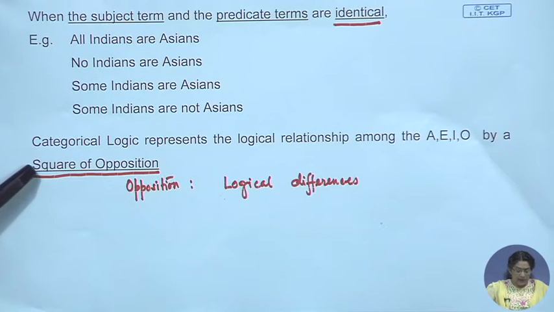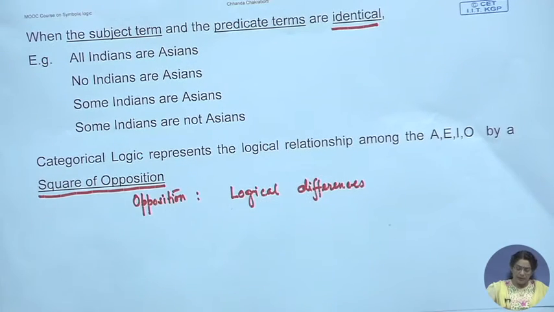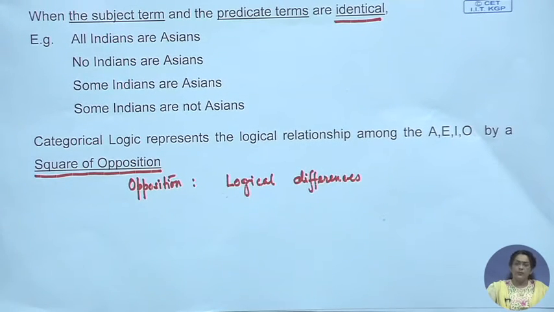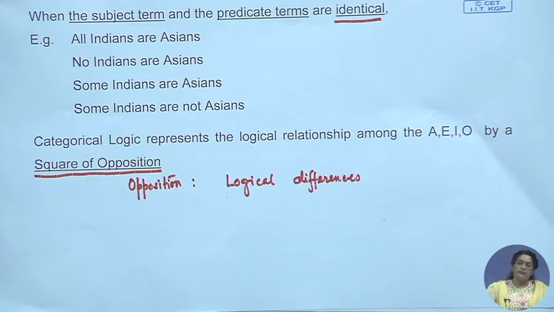a foursome, categorical logic represents the internal relationships among these in terms of a square of opposition. I will show you in a second. The square is indeed a figure, and the opposition here means the logical differences.